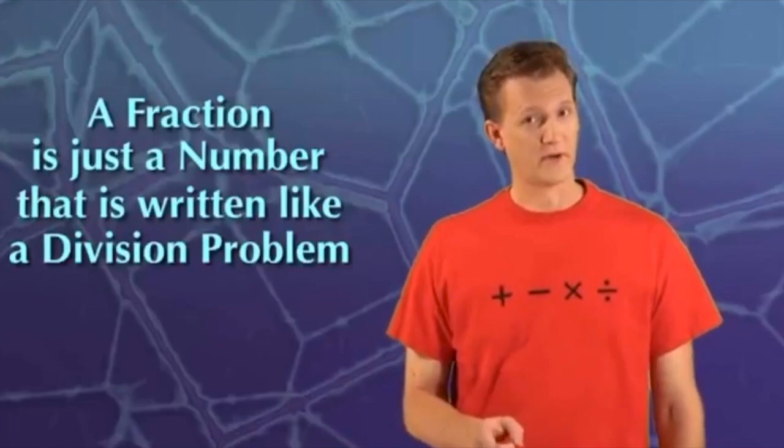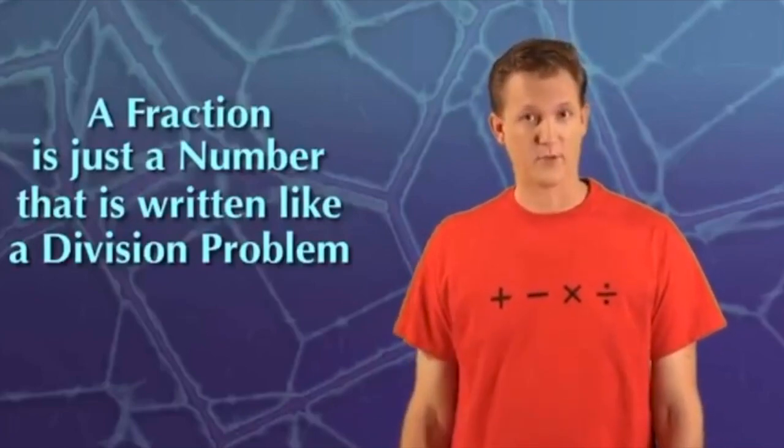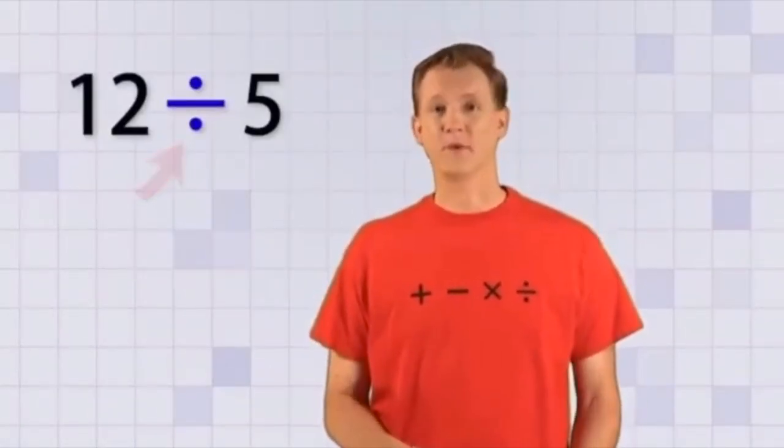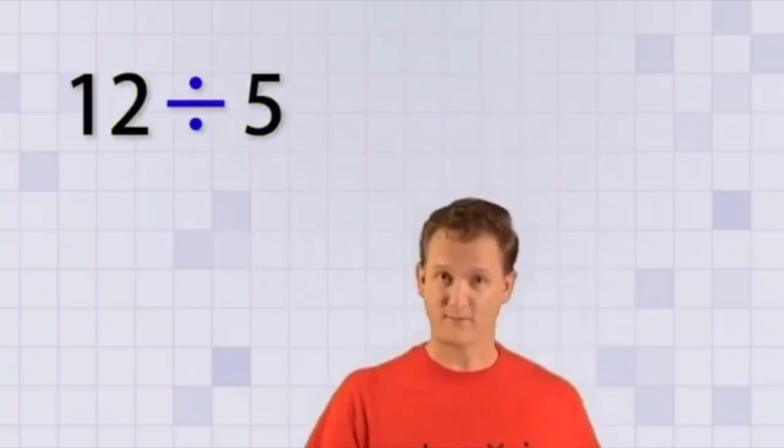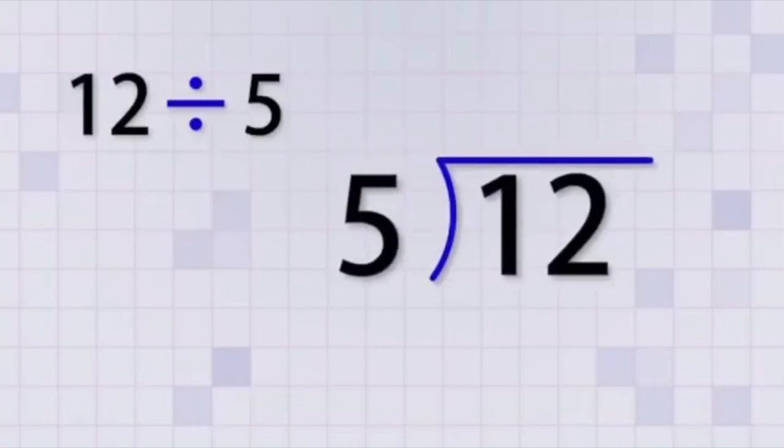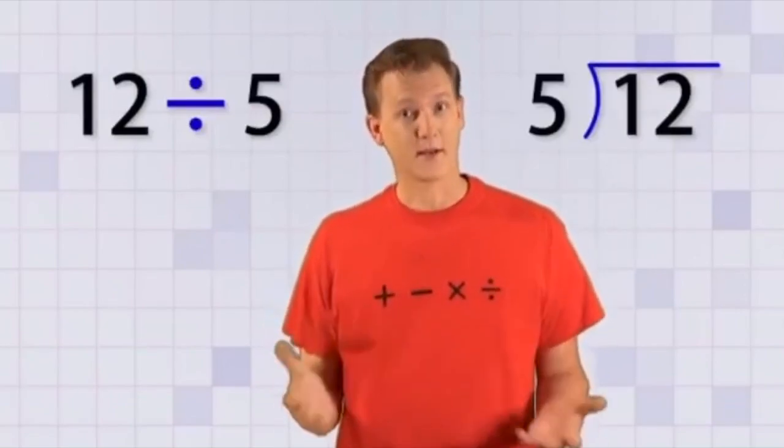And you might also remember that there are different ways to write a division problem. When you first learn about division, you usually see division problems written like this. That symbol in the middle just means divide this number by that number. Then you learn it's useful to write a division problem a different way, like this. That's still the same division problem. It just uses a different symbol to tell us to divide. So that's two different ways to write the same division problem.